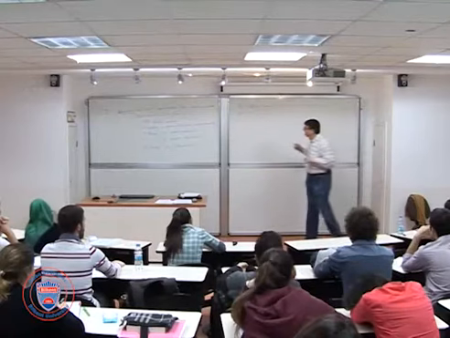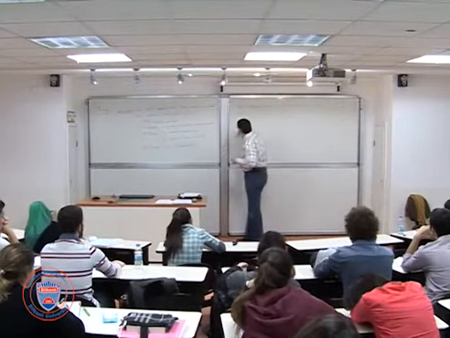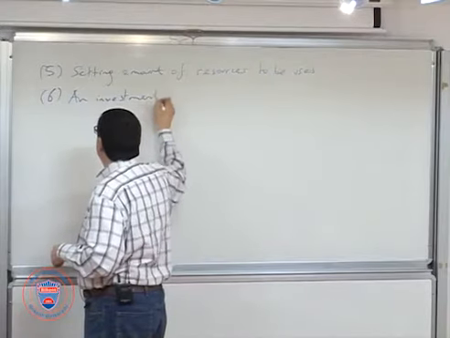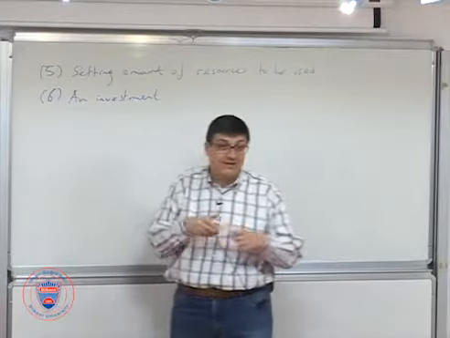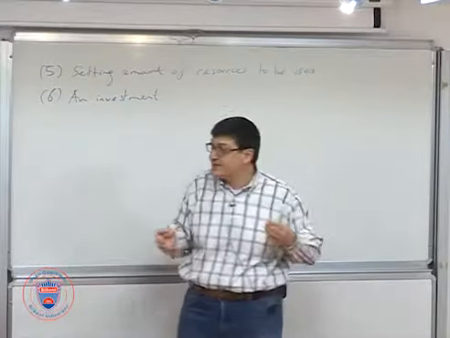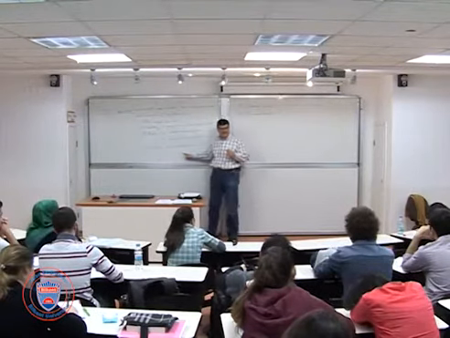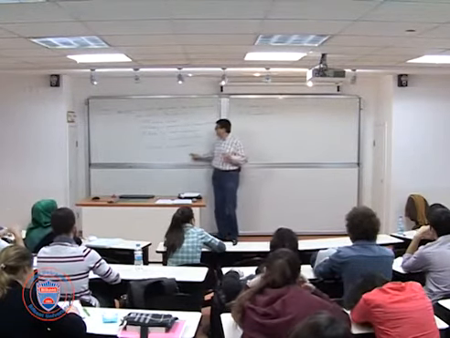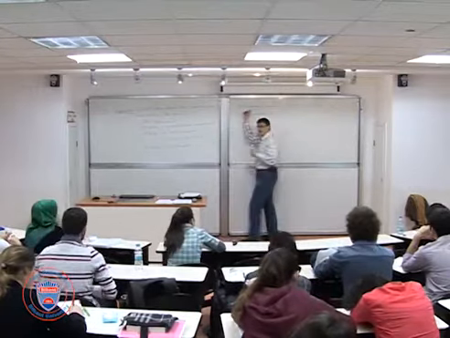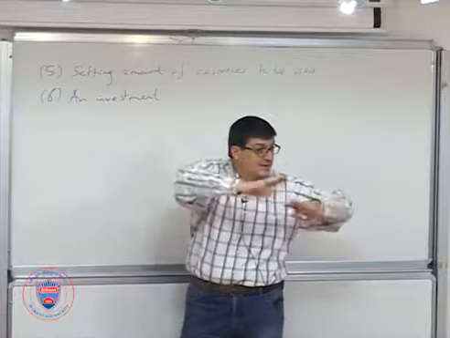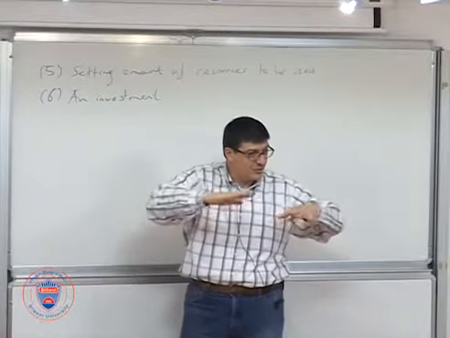In that case, what we are doing is an investment. And while doing that investment, we are deciding on a number of things at the same time. For example, we are deciding on a set of standards. We are deciding on some resources that we are going to have, like the number of lines and so on, which are resources actually.